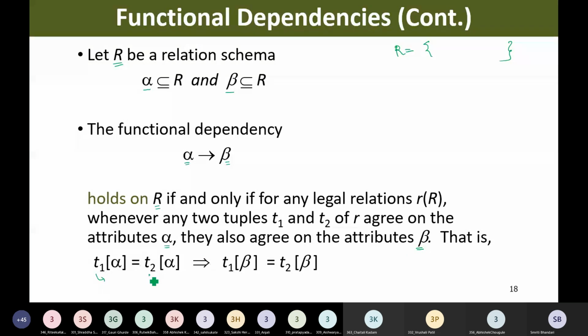That means if for two tuples T1 and T2 the alpha values are the same, then it implies that for these two tuples T1 and T2, the beta values are also the same. Functional dependency alpha to beta.